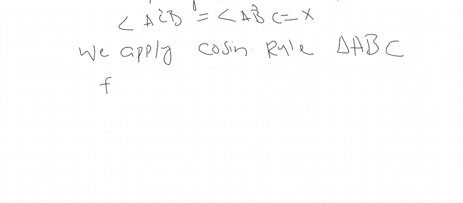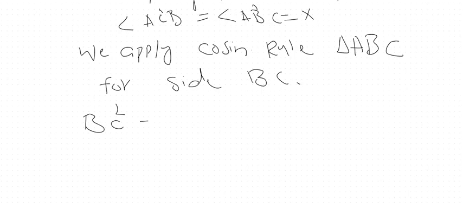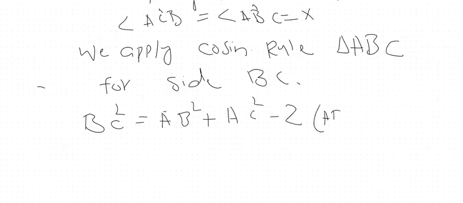Now BC squared equals AB squared plus AC squared minus 2 AB AC cos of angle A. So we just substitute the values in this equation.